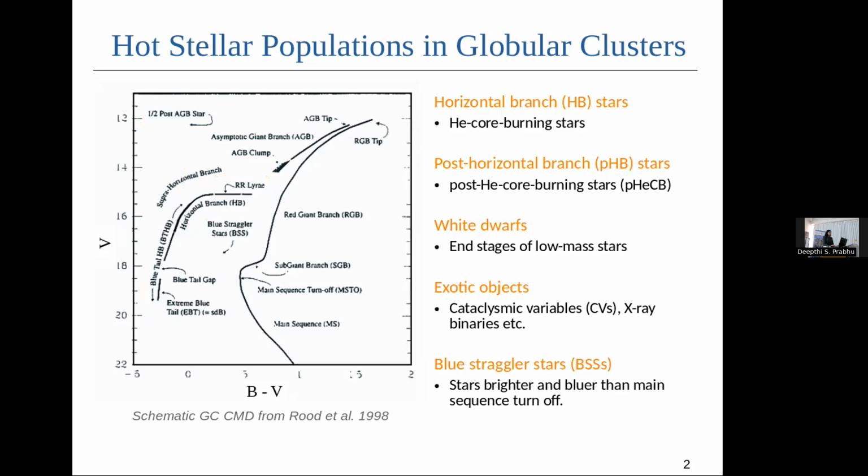And there are blue straggler stars, which follow non-canonical stellar evolutionary paths. These are stars brighter than and just above the main sequence turn-off, and they are not supposed to be there in old globular clusters. We do see them, so they have non-canonical evolutionary pathways, and we do not exactly know how they evolve.